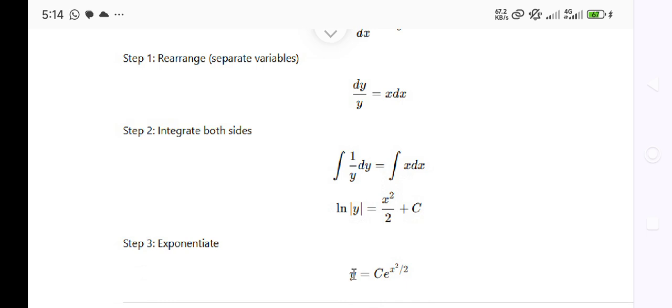Sorry, this is a mistake actually. The exponential will carry everything here, and then ln will cancel. So you have exponential x squared over 2 plus c. That's what you will have here.